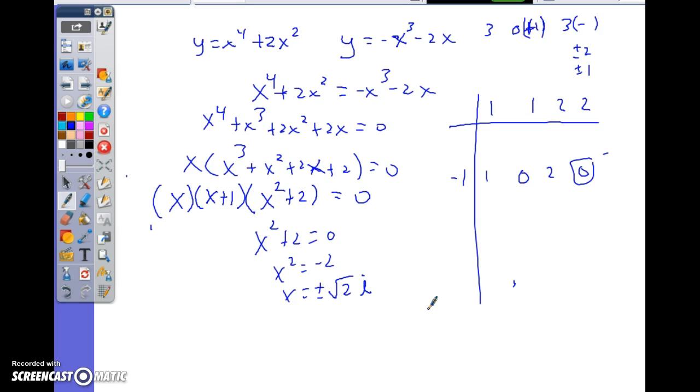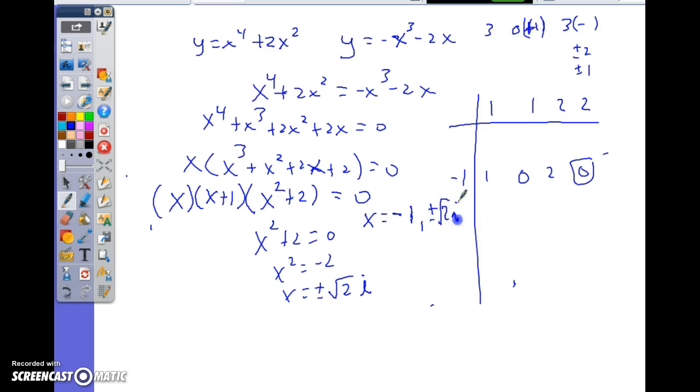So my answers are going to be negative 1. What makes this whole thing zero? What points do these two share? Yeah, negative 1. I'll buy that. And wait, there's only 3, but there should be 4. Where's the 4? Negative 1, plus or minus root 2i.